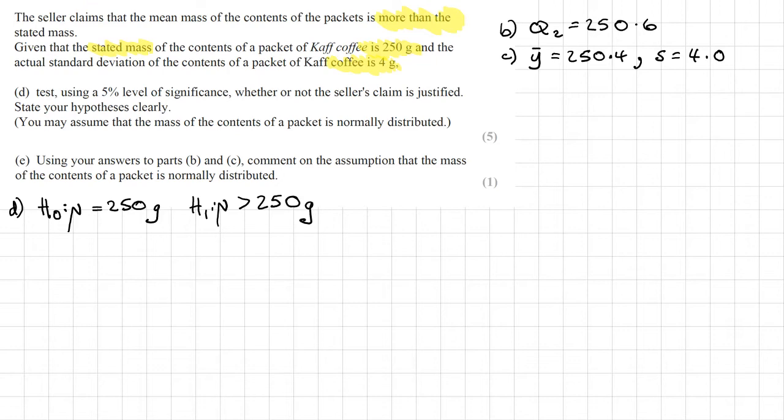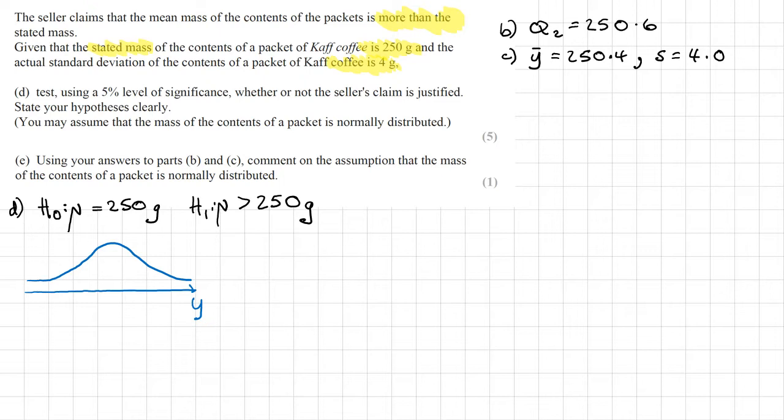So that tells us it's an upper tail test. Next, I draw a normal distribution. I just do this because it helps me, for the sample mean. They used Y, so I'm going to use Y. Okay, so there's my normal distribution.